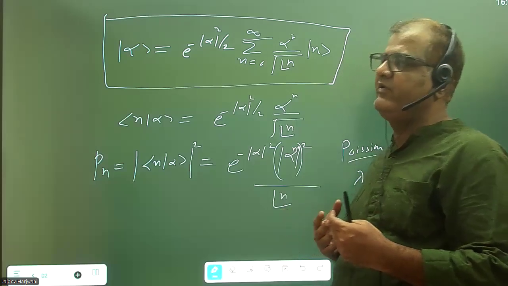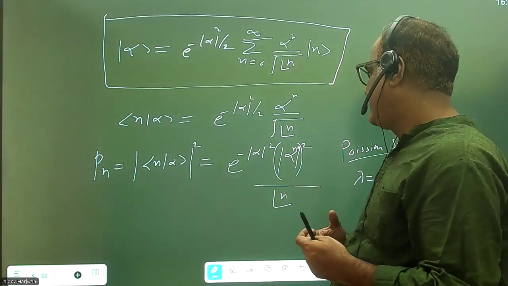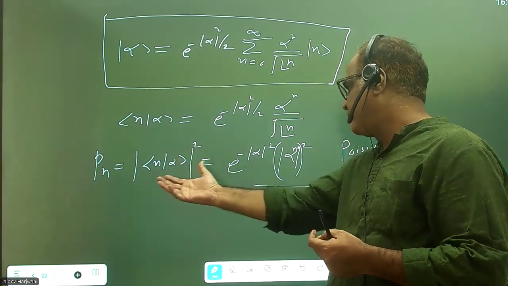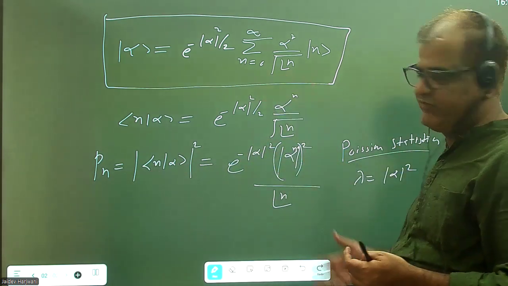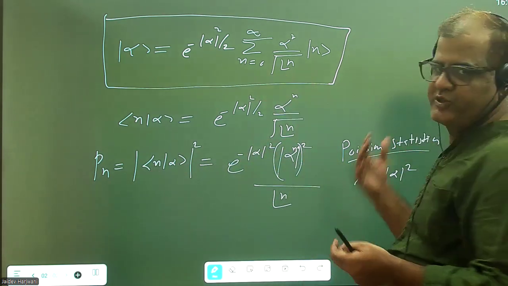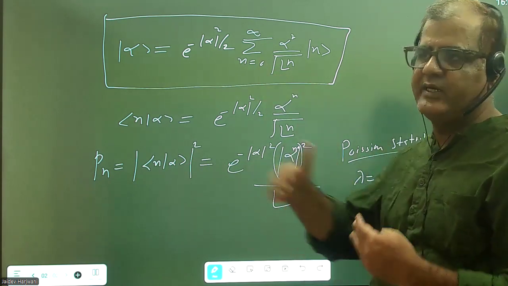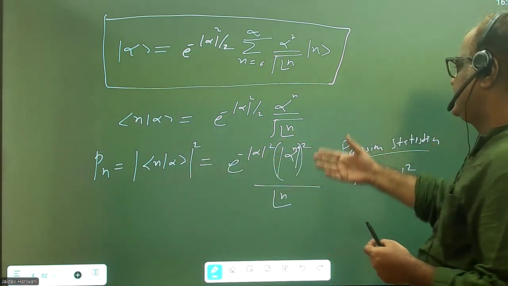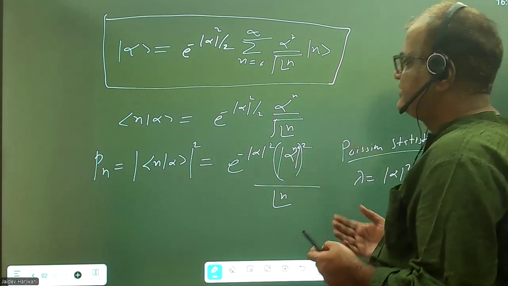Experimentally we can count the number of photons, and the counting of photons follows the Poisson distribution, Poisson statistics. So in a laser, the photons are in coherent states, and the number can be counted experimentally, and this experimental measurement shows they follow Poisson statistics.